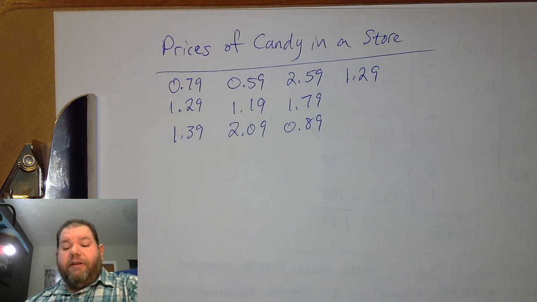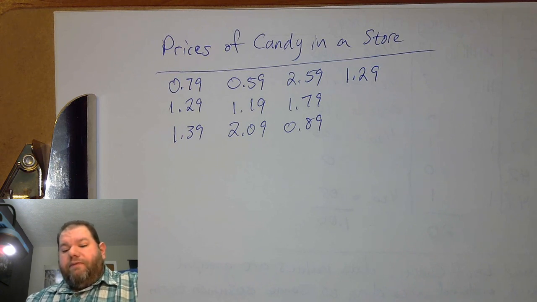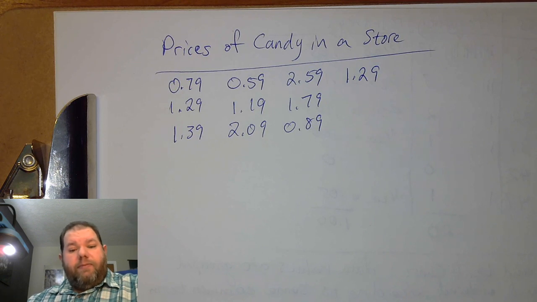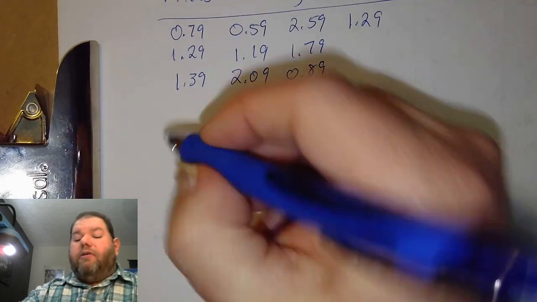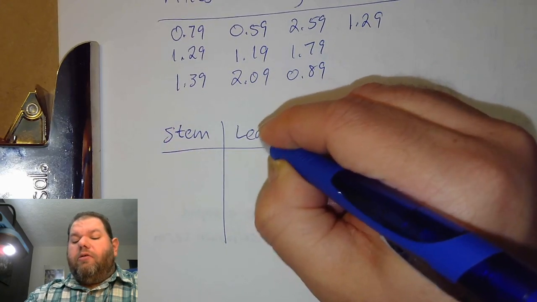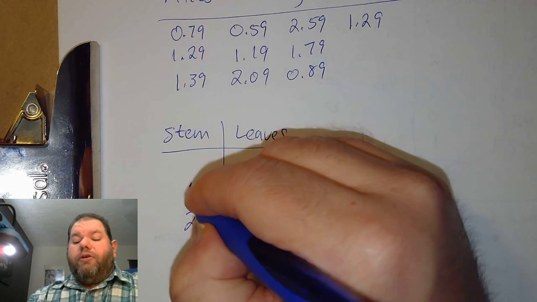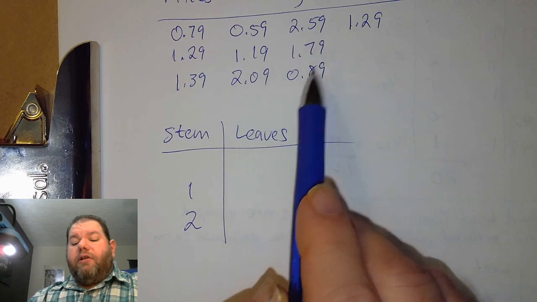In this case, when we're dealing with decimal values, we want to think of how we can group these together for a stem and leaf chart. Well, I would say we could use the dollar amounts as our stems and then the cents as our leaves. So we have some that are in the $2 range, some in the $1 range, and some less than $1.